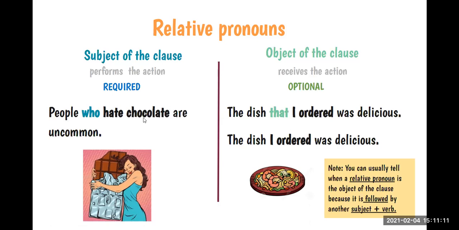But in this case, the relative pronoun is not followed by a subject and a verb, just a verb, okay? So when you have a subject and a verb after the relative pronoun, it means that this relative pronoun is the object of the clause. So you can omit the relative pronoun and say your sentence like this.